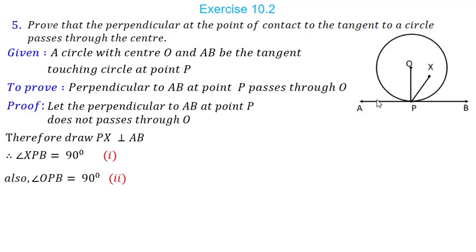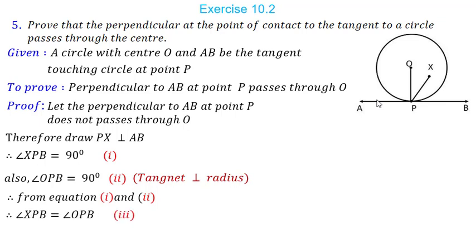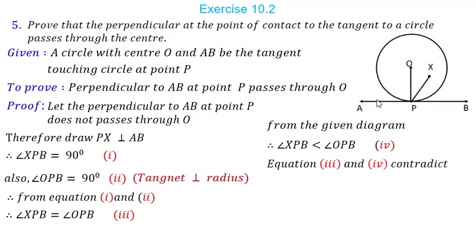Also we know that OP is perpendicular to PB as a tangent is perpendicular to the radius. So from equations 1 and 2, angle XPB is equal to angle OPB. But if you see the diagram, angle XPB is less than angle OPB. So equations 3 and 4 contradict each other.